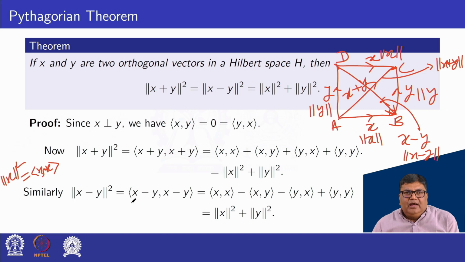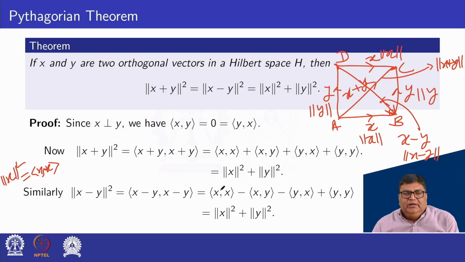Similarly, norm of x minus y square, that is the square of the norm of x minus y, can also be written as inner product of x minus y, x minus y. Using the first property of inner product, we have inner product of xx minus inner product of xy minus inner product of yx, and minus minus is plus, that is plus inner product of yy.